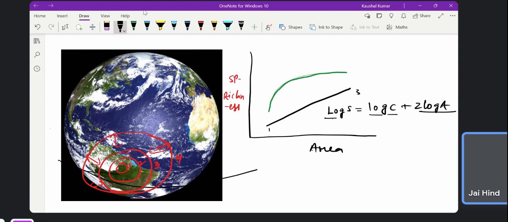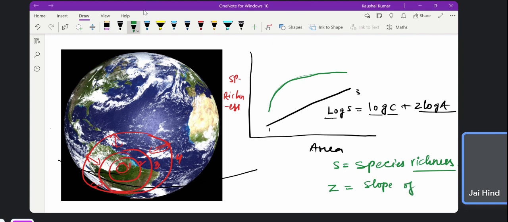In this graph, what is S, what is Z, and what is A? You can guess now what S is. Anybody? Okay, S is species richness. Now Z: Z is the slope of the line.